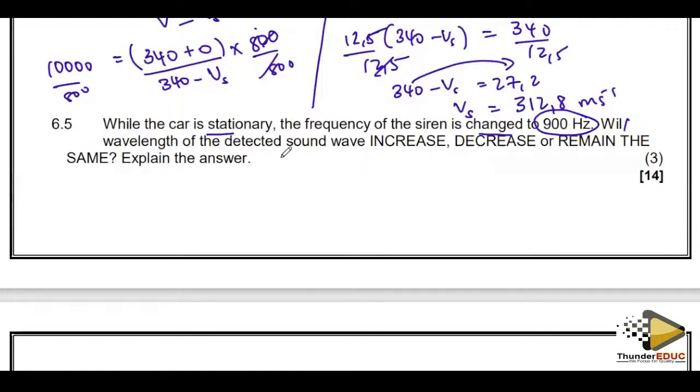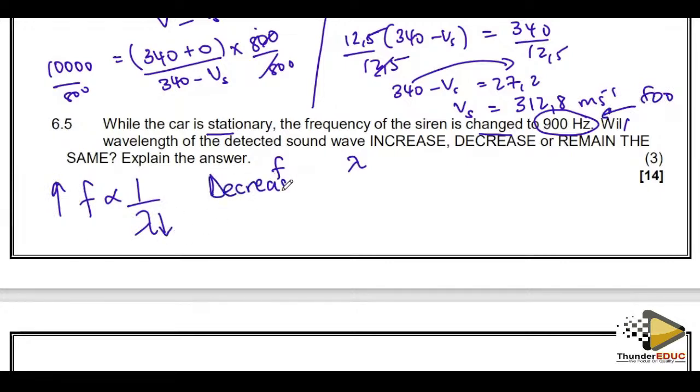Remember, we're talking about frequency and then wavelength. One thing we know is that frequency is inversely proportional to the wavelength. Since it has moved from 800 to 900, the frequency has increased, so the wavelength must decrease. So the answer is going to be a decrease.